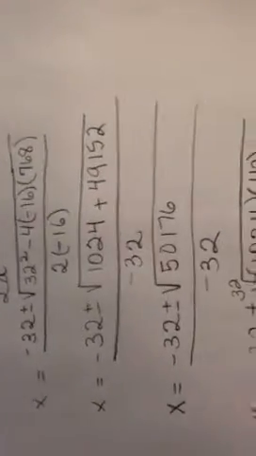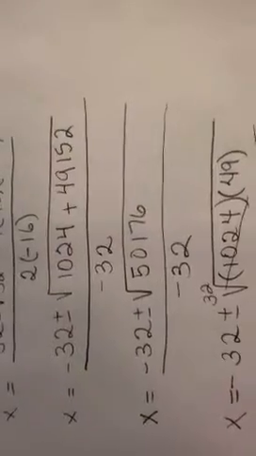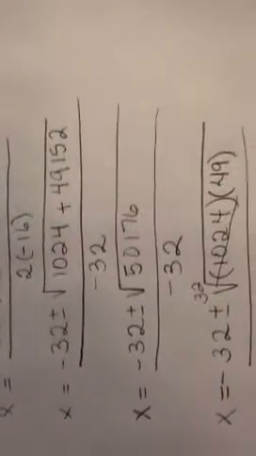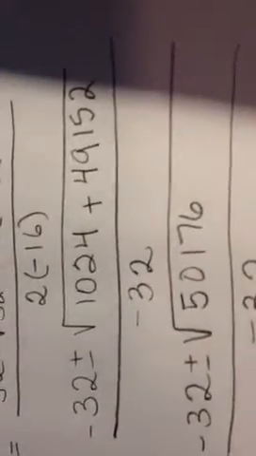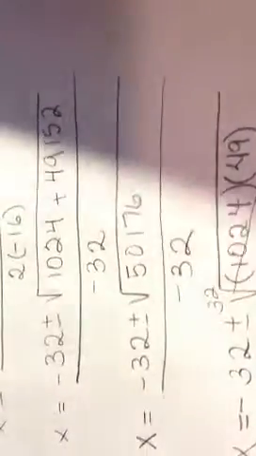Now, all I did is add them together. And then I thought to myself, I could have just gone ahead and taken the square root of 50,176, which is, hang on a minute, let me see in my calculator here. 50176, and then take the square root, and it is, oh, hold on, it would help if I cleared it.